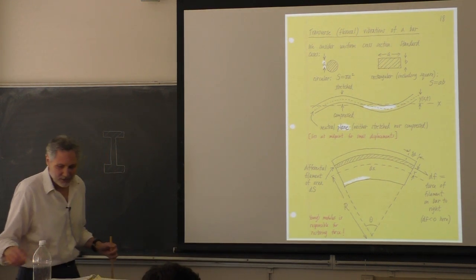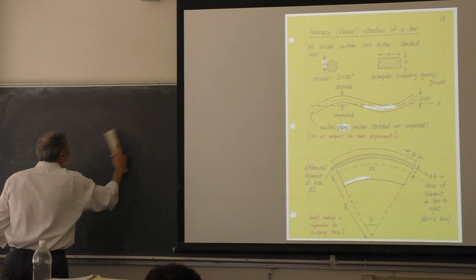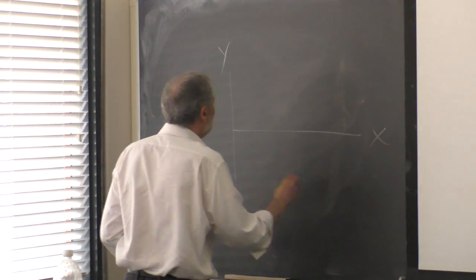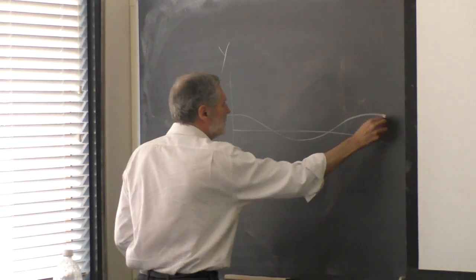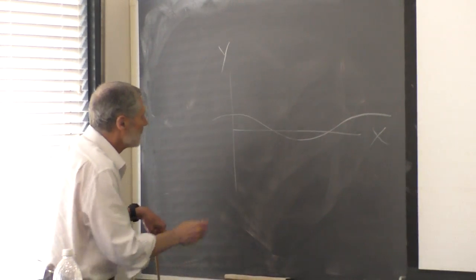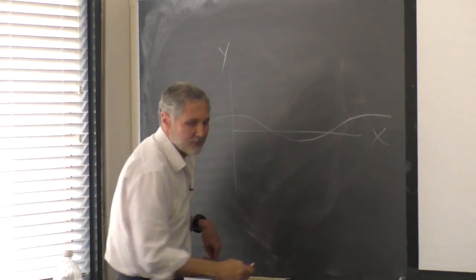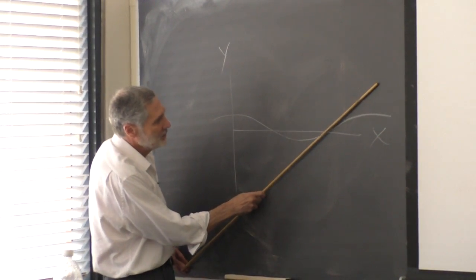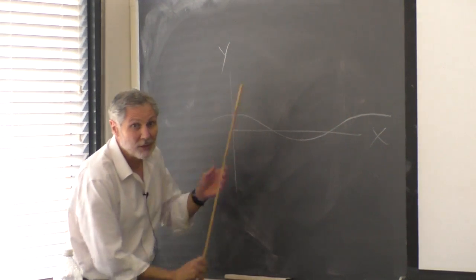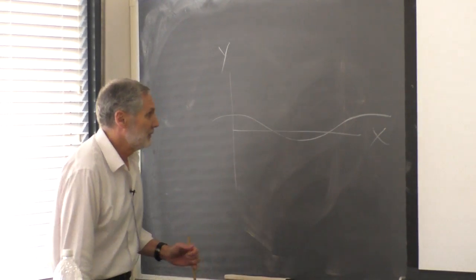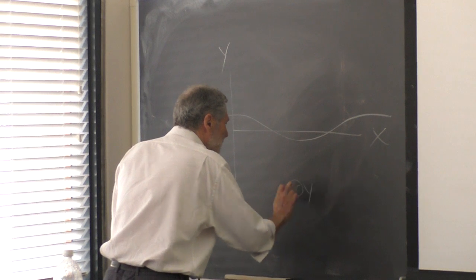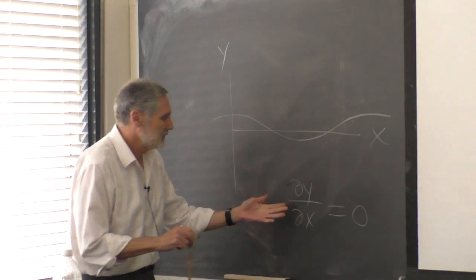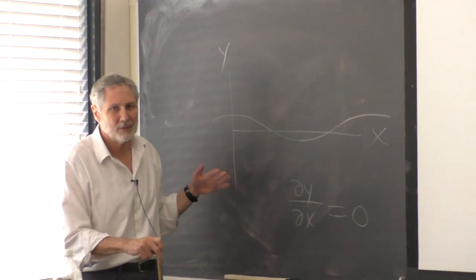All right? Now, this is where we're headed here. I've got a curve here, it's doing something like this. The first derivative of y with respect to x is just the slope. The second derivative is how that slope is changing, right? If the second derivative is zero, what's the curvature here?